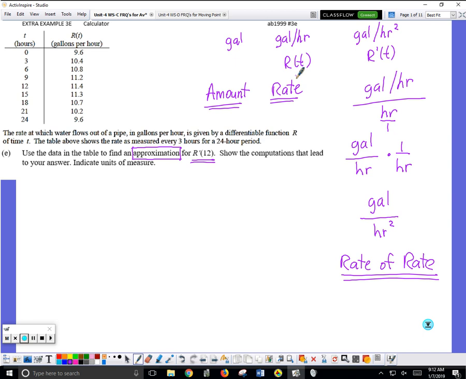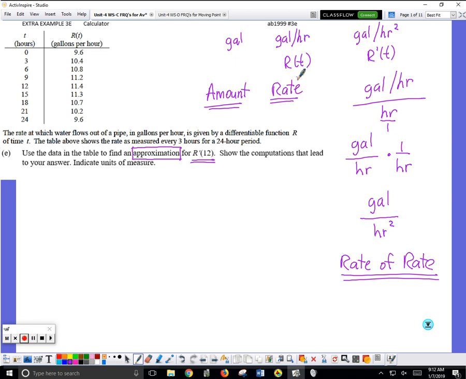Or you can think of it as I'm supposed to start with r and find the instantaneous rate of change of r. So I'm trying to find r prime. Or you can think of it as I'm supposed to take r and find the tangent slope of r. That's what r prime would mean. You don't need me to repeat any of those. They all mean the same thing, we just have to do that.